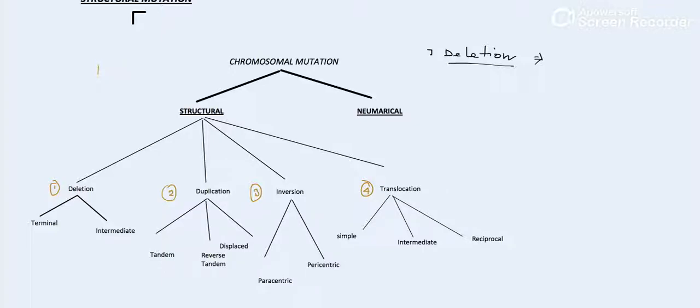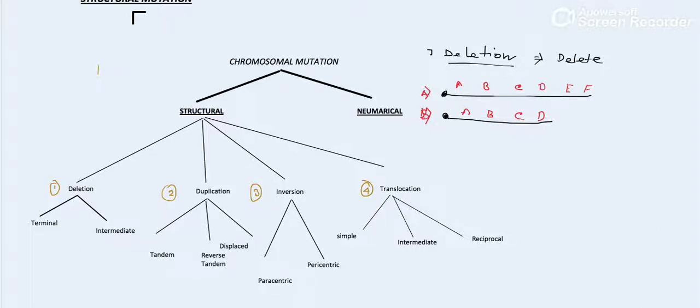In the technical era, if we have to delete something, we have to remove it permanently. So suppose it is a chromosome and its genes are A, B, C, D, E, F. In deletion, the ABC part remains attached with the chromosome, but EF is absent now in the second part. This is the first part and this is the second part.